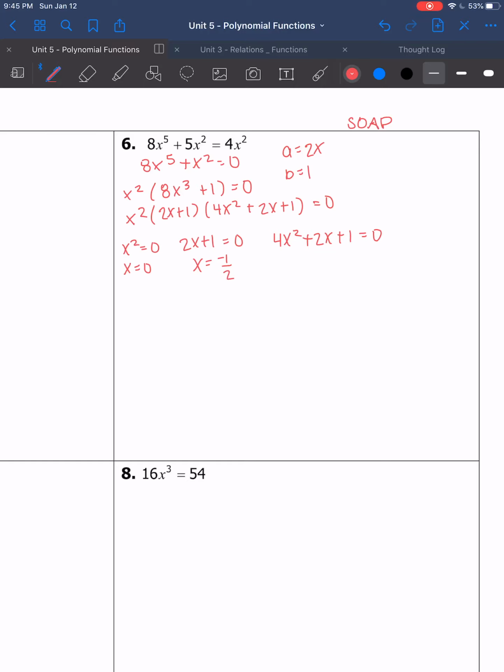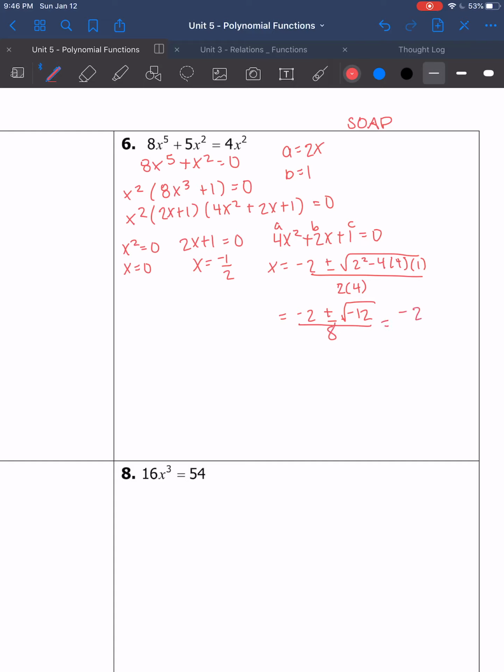And this is the fun one because I have to use the quadratic formula. So x equals negative, well, because this is a, b, and c, negative b plus or minus the square root of b squared minus 4 times a times c, over 2 times 4. So I get the square root of negative 12 over 8.